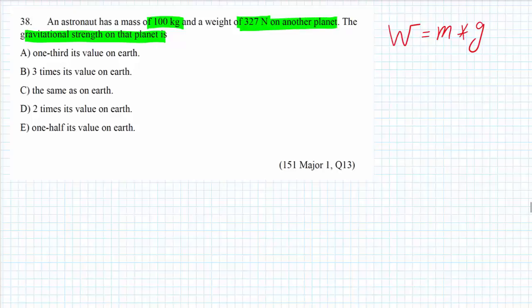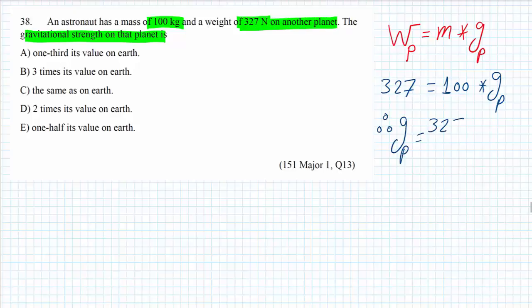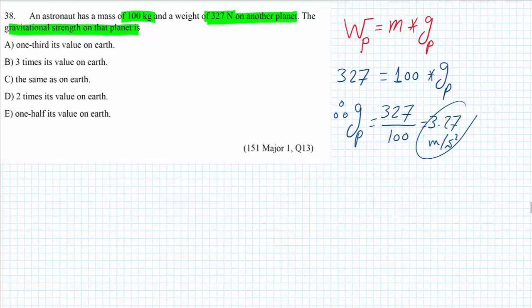On another planet, the weight equals the mass times the gravity on the other planet. The weight on the other planet, he gives it to us: 327. The mass of the object is 100 kilograms times the gravity on this planet. So the gravity on this planet is 327 divided by 100, which gives you 3.27 meters per second squared.